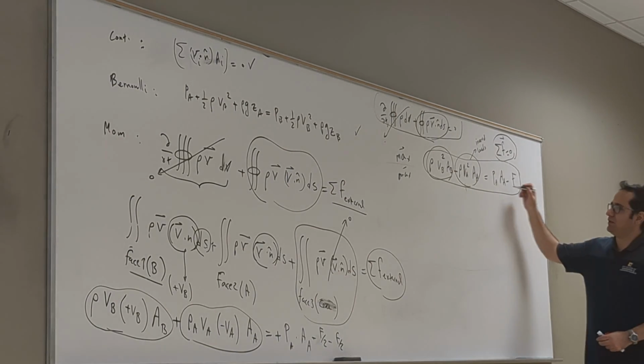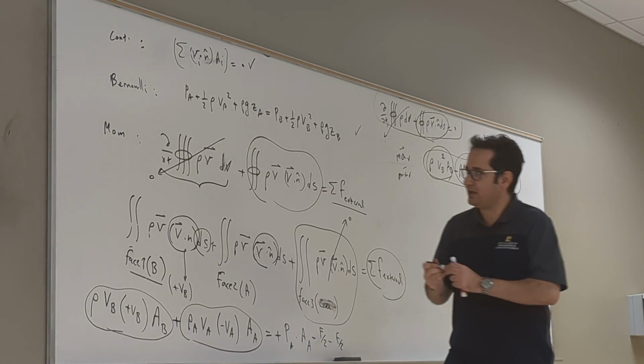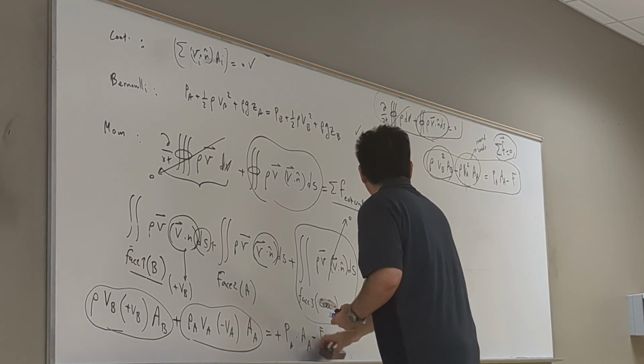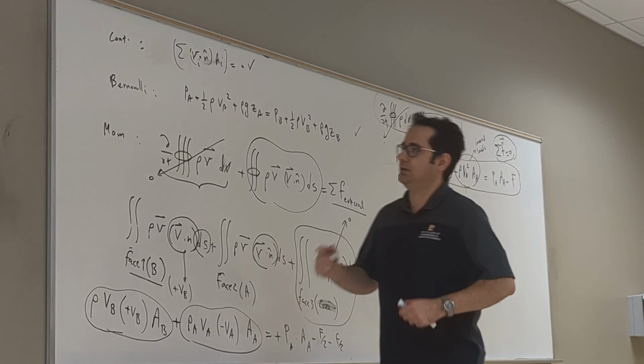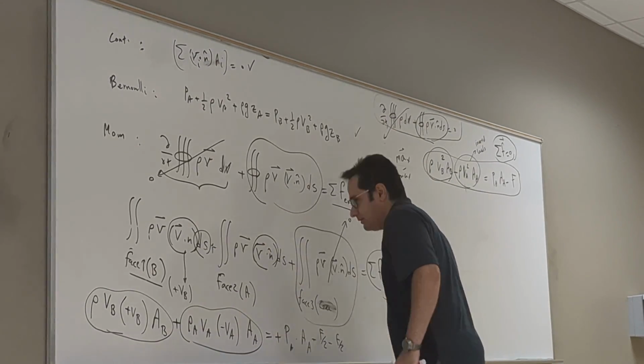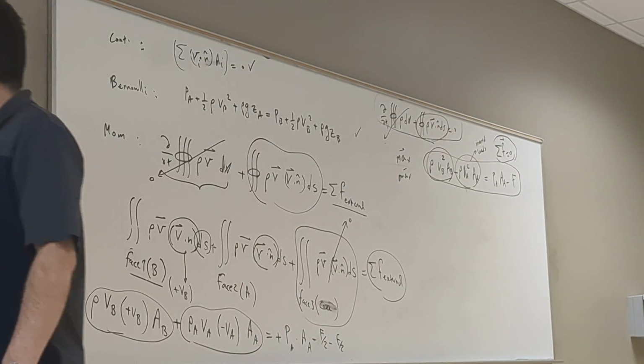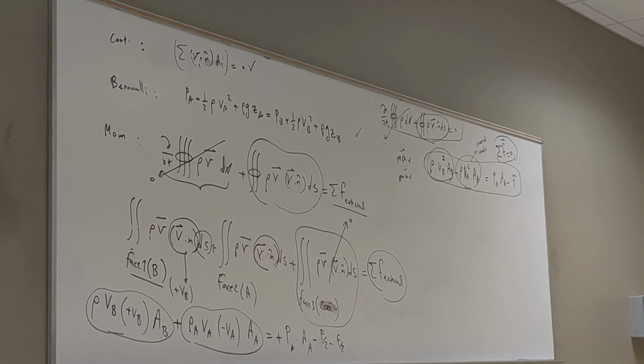Alright? So these are the equations I have. Now let's solve it. Let's put the numbers here. So the first one, let's solve the rest of it there. The first equation, continuity.